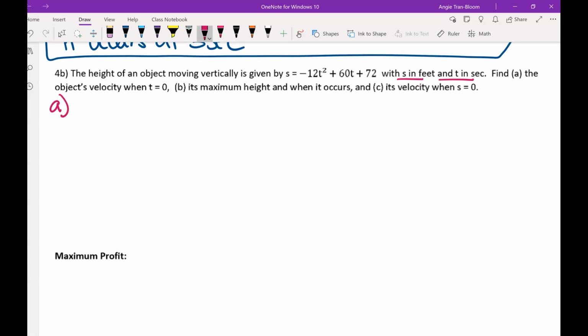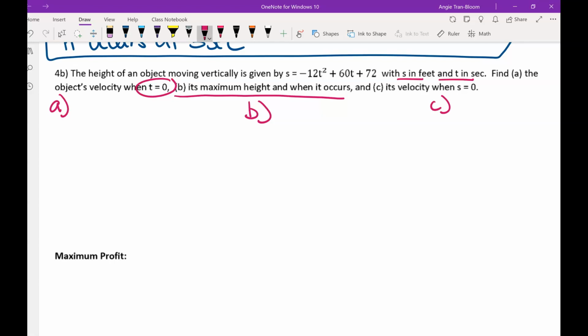Show me all the work. Write a complete sentence. And then part B, similarly, I want you to work that out. So A, B, and then part C, find the velocity when the position again is at 0. And again, position at 0 is when it's landing, or it could also be when it goes up. Okay, but part A already asked when t equals 0.